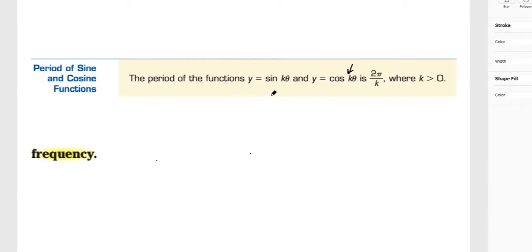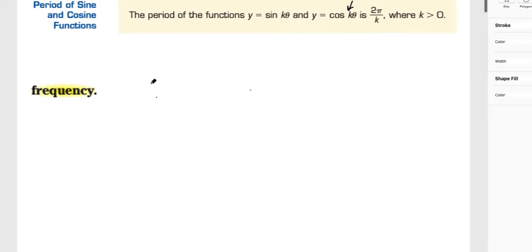The coefficient in the above ones was 1, but if I had some number multiplying the theta value, I can consider that a coefficient k. To figure out the period, I would divide that coefficient k into 2 pi, and that would be the period. We'll be using that technique, and this only works for the sine and cosine functions. We'll be graphing other periodic functions, but for sine and cosine you can find the period in that way.